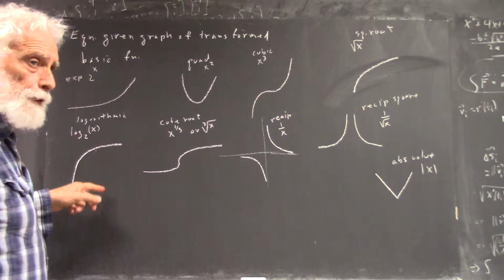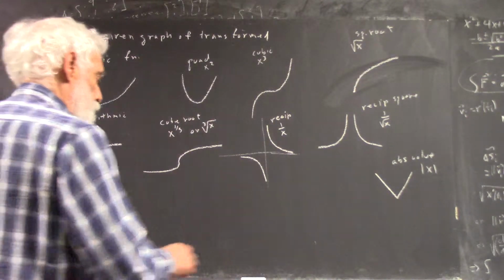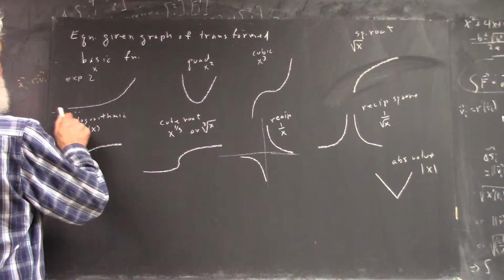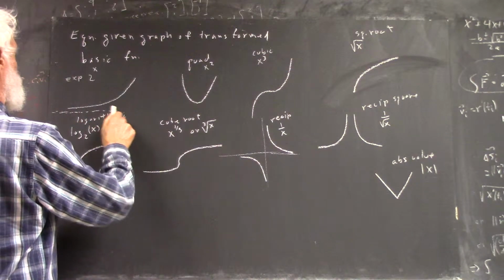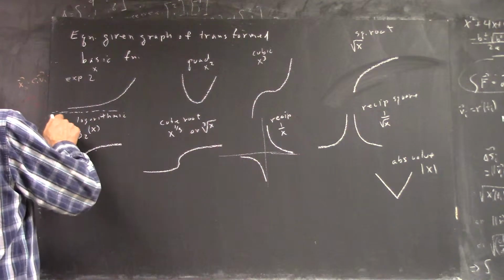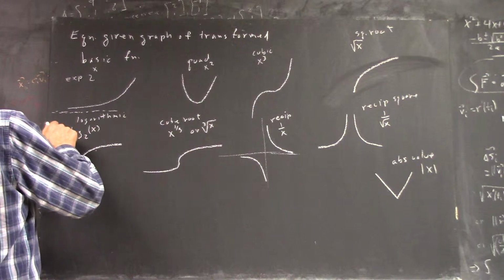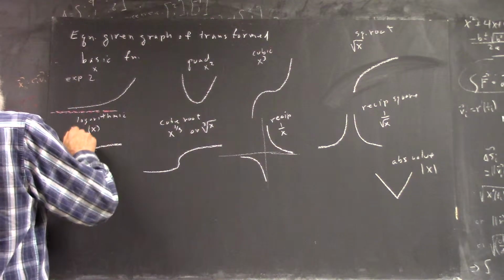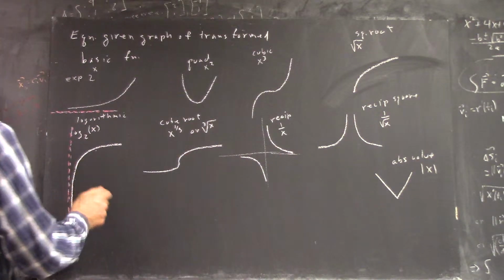Exponential and logarithmic functions, we know that they have asymptotes, so we can kind of estimate the asymptote. On the logarithmic function, we have this. So I'm going to kind of use red here. I have the chalk in my hand. I don't know why I didn't use it.